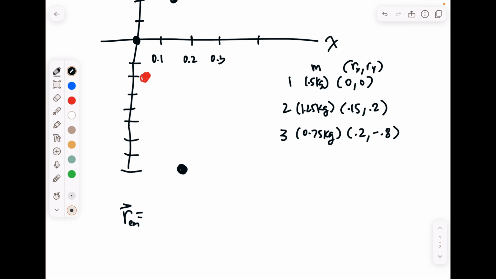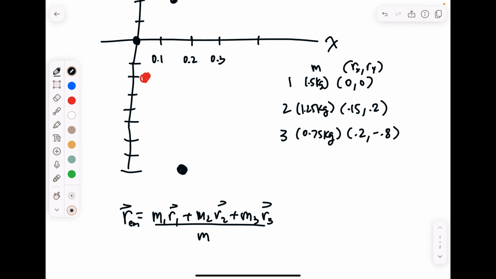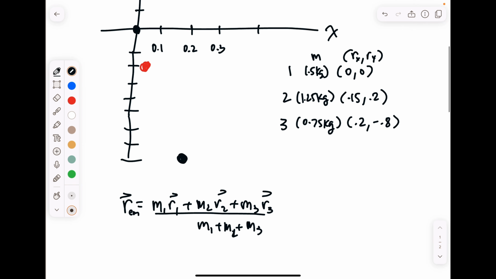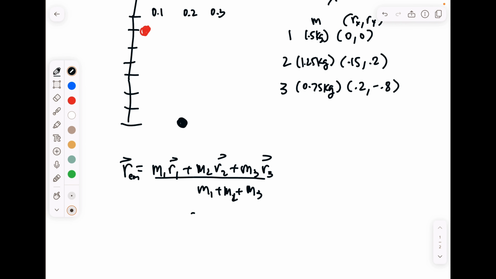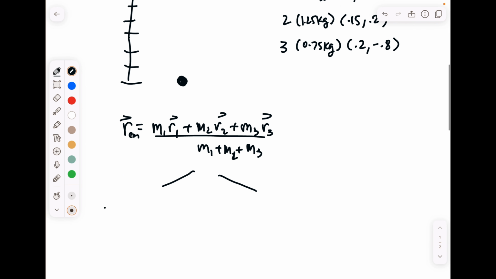The vector location of the center of mass, written in vector form, is going to be mass 1 R1, mass 2 R2, mass 3 R3 vector divided by the sum of those masses. We're going to break that into x and y, so it's easier to work with. So we can essentially write two equations. The center of mass x coordinate would be m1r, 1x, right?